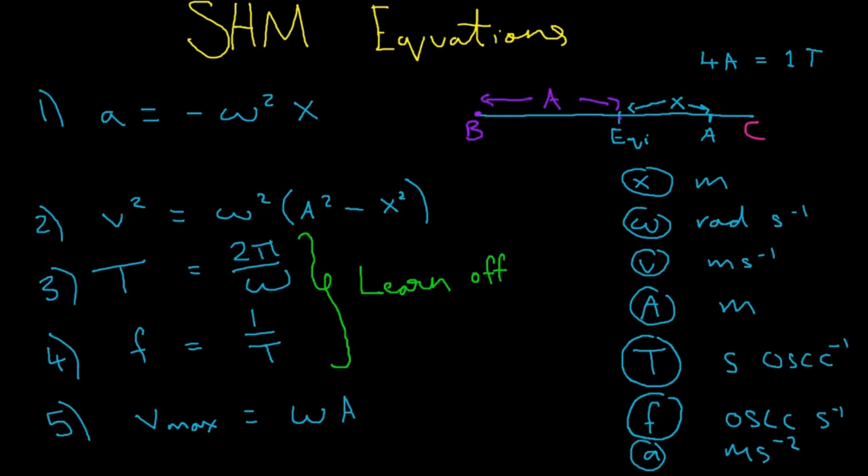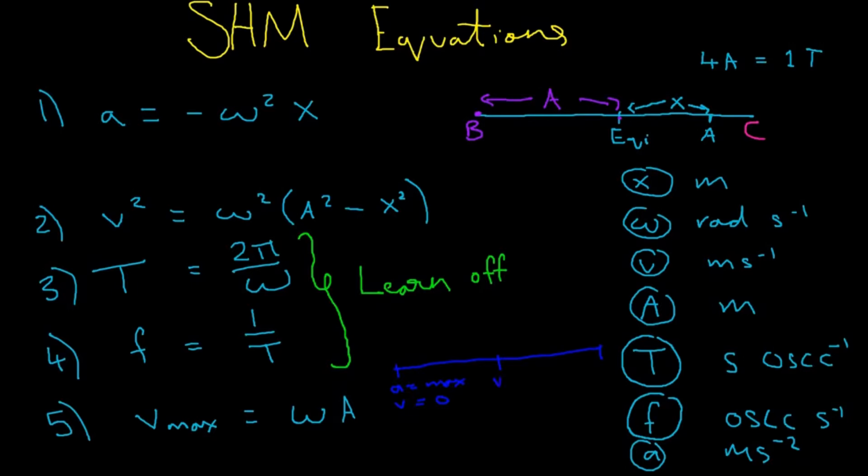So if you think back to when I drew the line, and there were 3 points, and I explained this with the pendulum as well. When the pendulum was at the end, or when the spring is at the ends, acceleration is max and velocity is equal to 0.